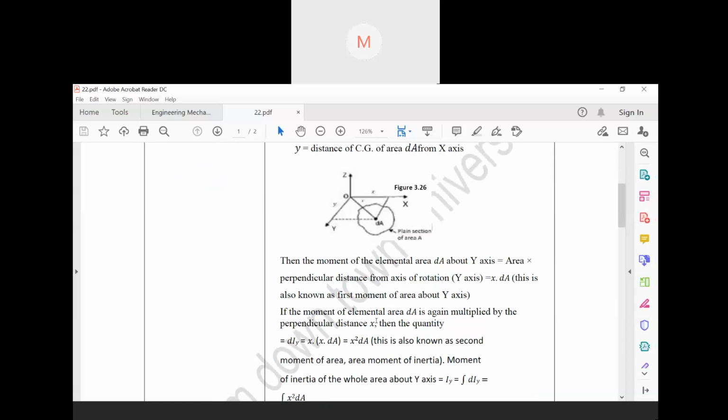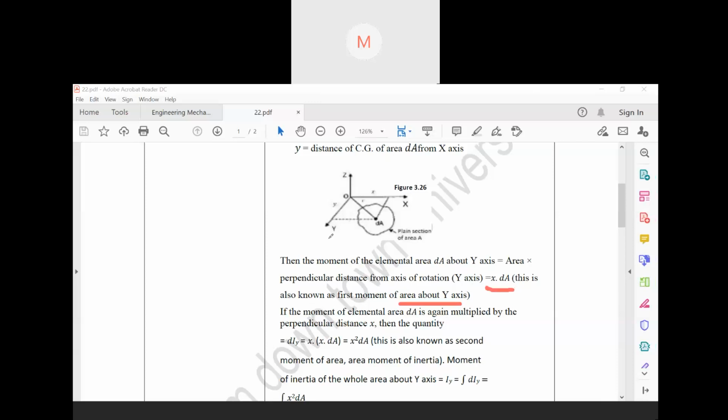So we are considering the axis of rotation as y-axis here. It is given as x into dA.